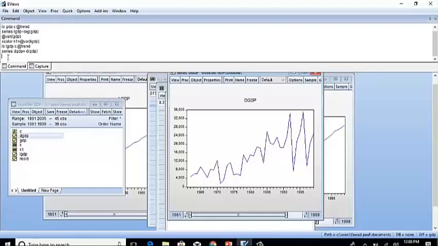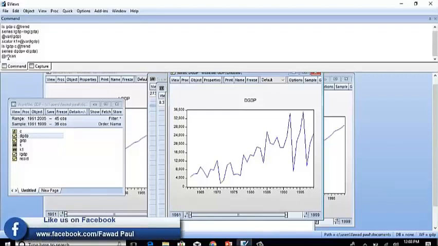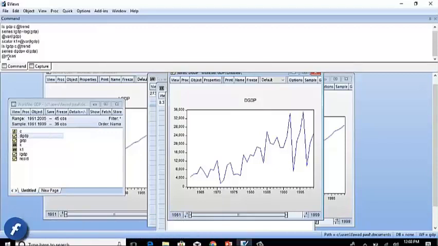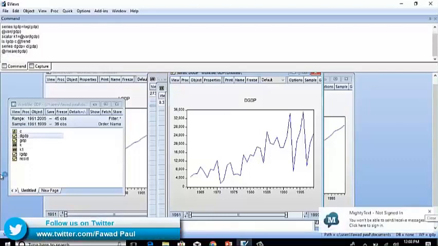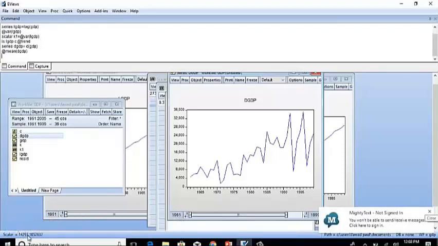Let's check numerically too. For the mean, you can also estimate it in a numerical way. Write @mean(DGDP). It shows 14,293.